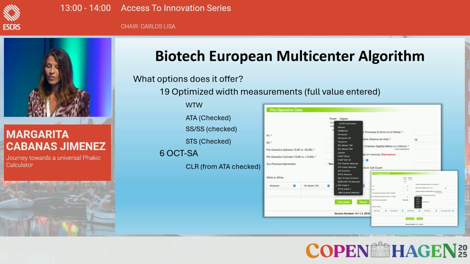This algorithm provides 19 optimized measurements: white to white, angle to angle, scleral to scleral, sulcus to sulcus. 6 OCT devices, not only for these measures, but also optimized ciliary analysis, taking from angle-to-angle data, and the examiner can check and correct it.